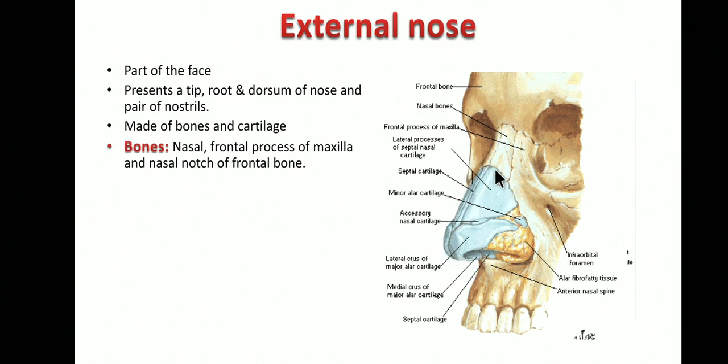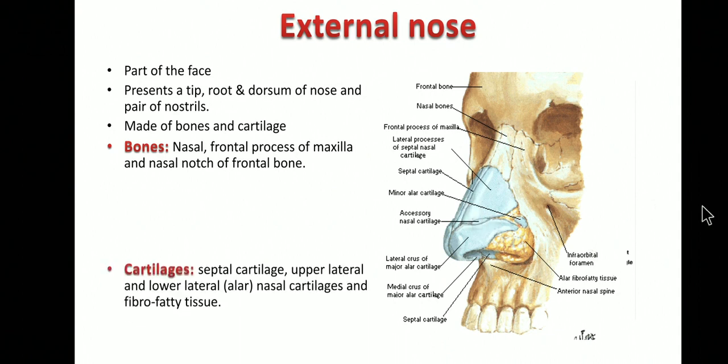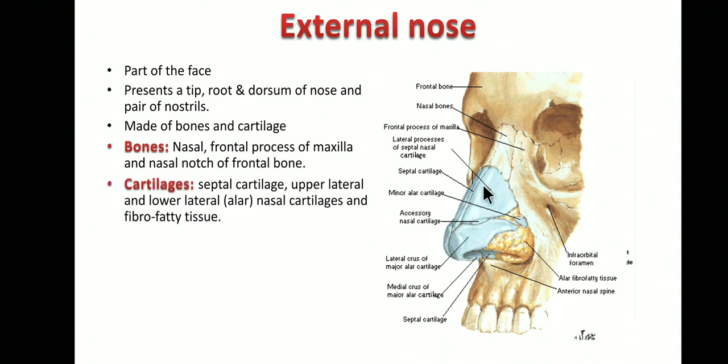With respect to the cartilaginous part, in the midline you see the anterior border of the septal cartilage. Then you see the upper lateral nasal cartilage, and then the lower lateral nasal cartilage. This lower lateral nasal cartilage is called the alar cartilage.